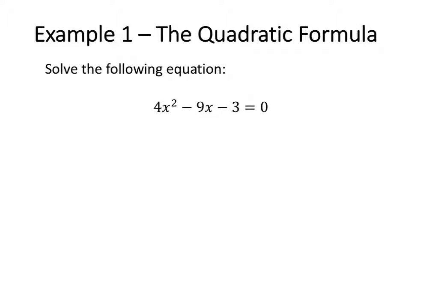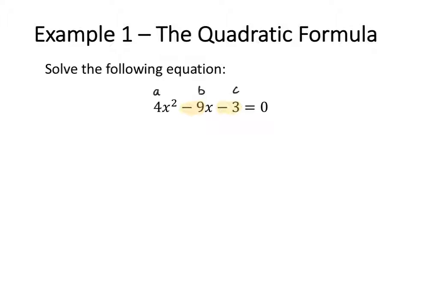So my a value is in front of the x squared. My b value is in front of the x, and my c value is the value on the end. And when I'm looking at these values, it's important to remember that you need to look at the sign in front as well.